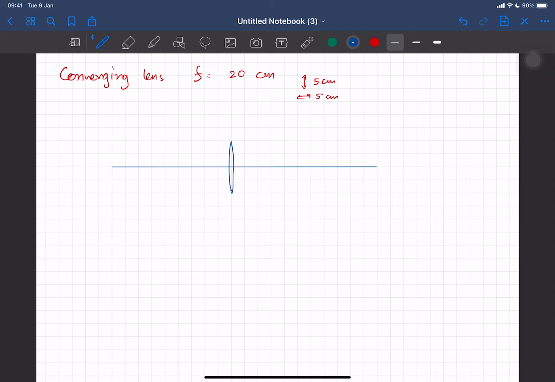So we can put a mark on the axis here. So this is the focal point, right? 1, 2, 3, 4 away from the lens. So each one is 5, so this is 20. You can also put it on the other side if you want. Okay, something like this.